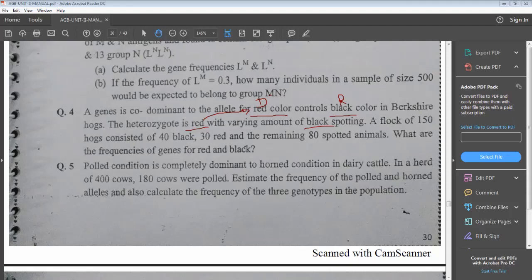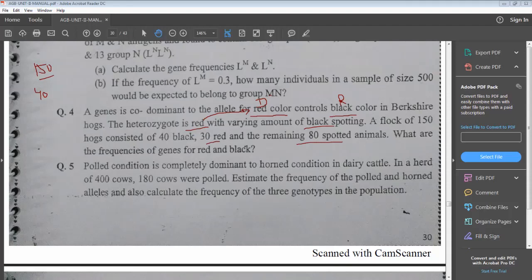The total flock size is 150, where 40 are black, 30 are red, and the remaining 80 are spotted. What is the frequency of genes for red and black?